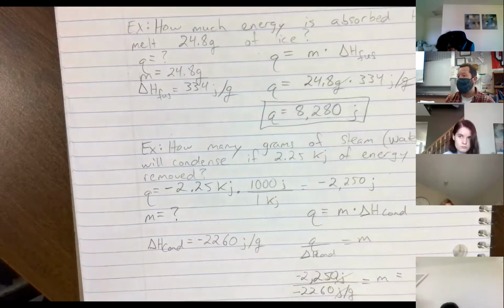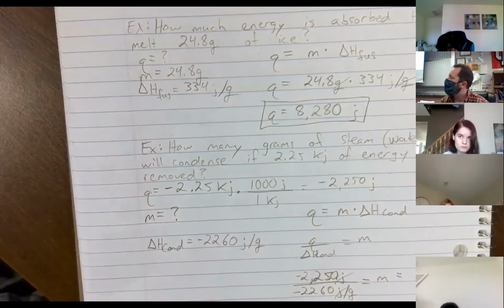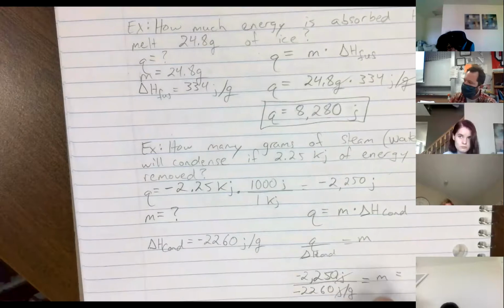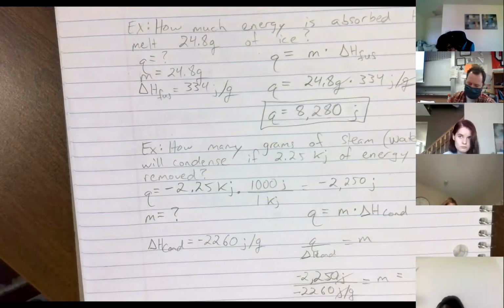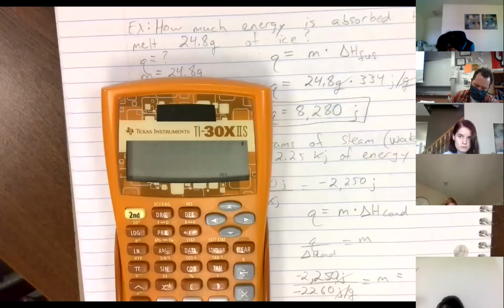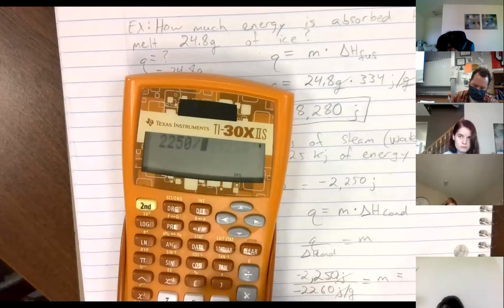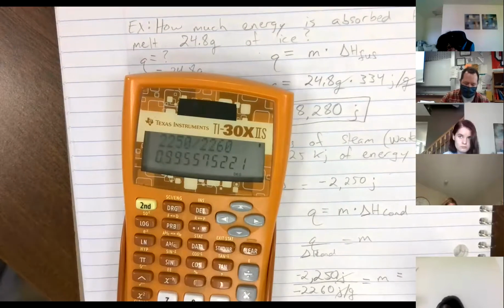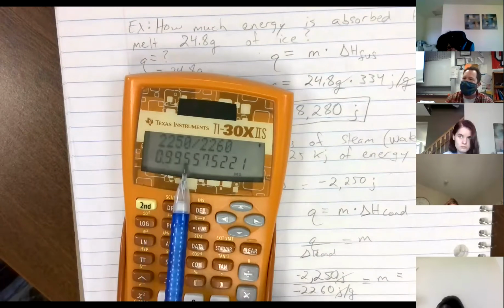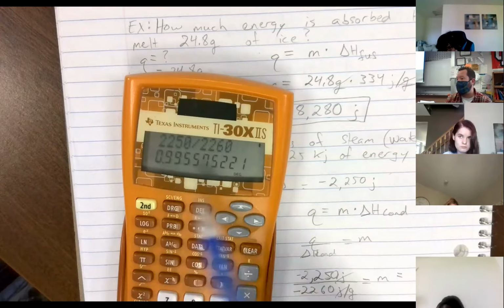I've got grams on the bottom. It's like a double negative. It cancels out. Grams on the bottom is the same as grams on top, which is good. I want mass. Three significant digits. The 9, the 9, and the 5. The number after the 5 is a 5. That's enough to round up.